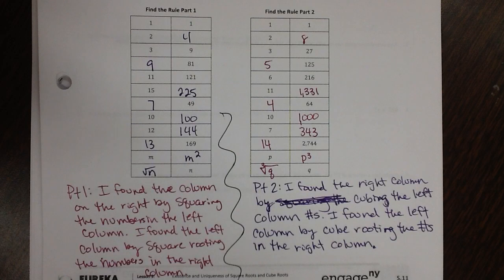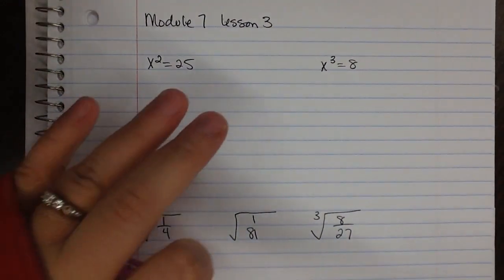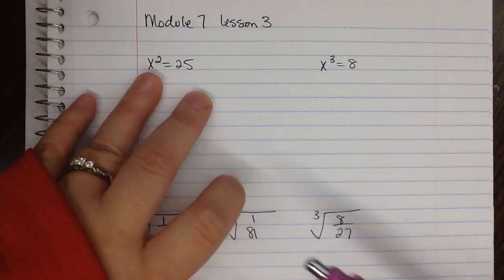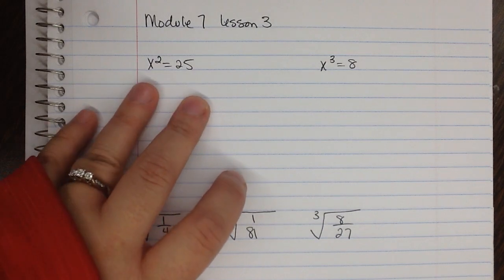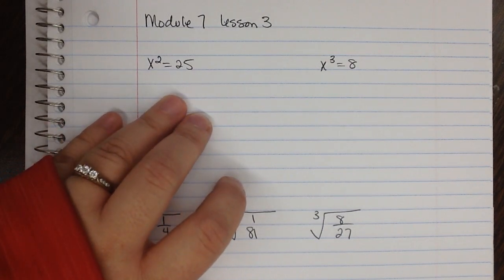So in the past, we've determined the missing length of a right triangle x when x squared equals 25. So we know that x squared equals 25. If x squared equals 25, like this, we know that x would be 5. 5 times 5 is 25.